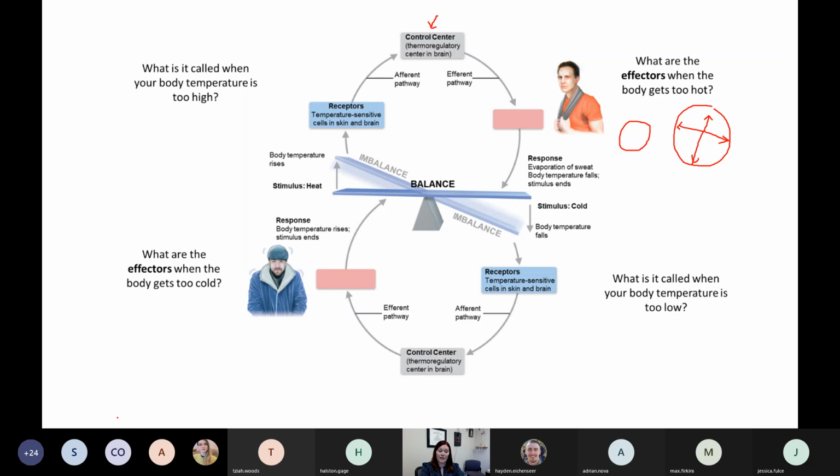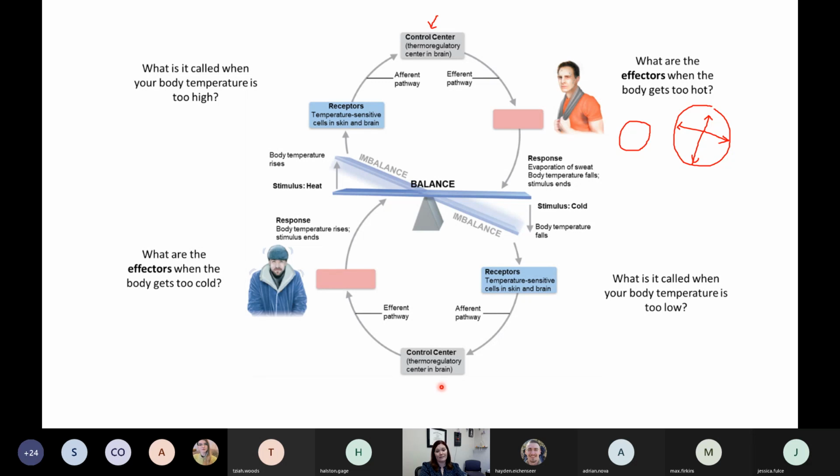If I'm cold, I do not want to be sending as much blood as possible to my skin to lose all of my heat. When I'm cold, my receptors, the same receptors that were detecting that I was hot before, now they detect that I'm cold. They still don't know what to do about it, but they send the information to the control center in the brain. And this time the control center says, oh, we're not too hot, we're too cold.